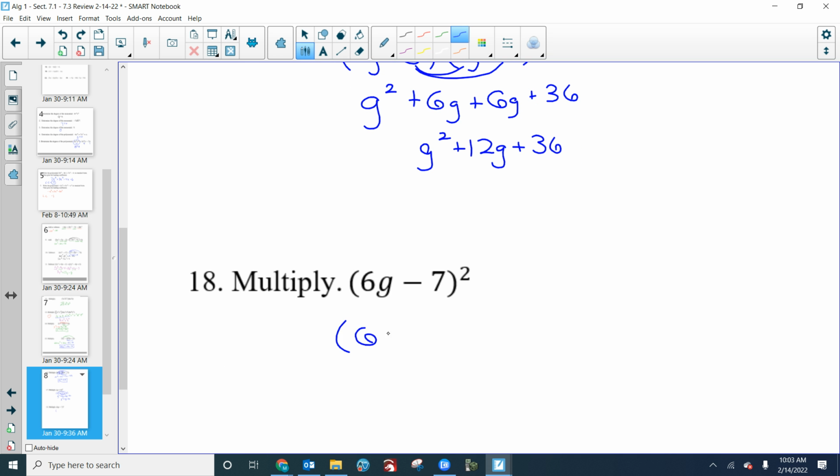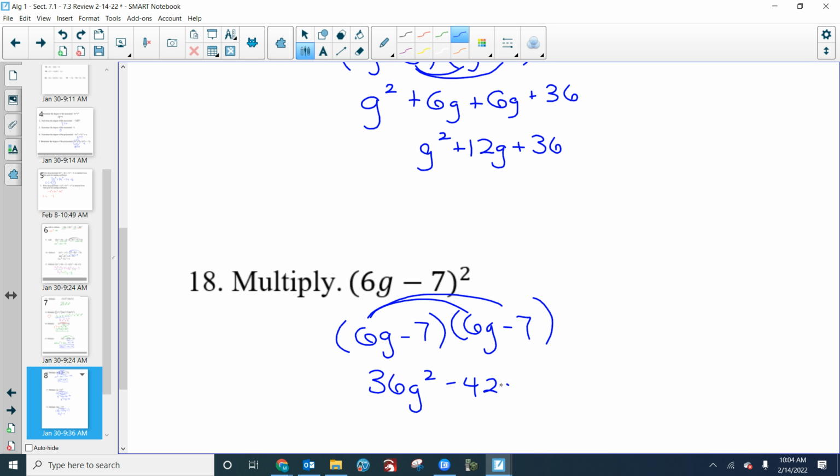Similar process for this one, 6g minus 7 times 6g minus 7. I get 36g squared minus 42g minus another 42g plus 49.